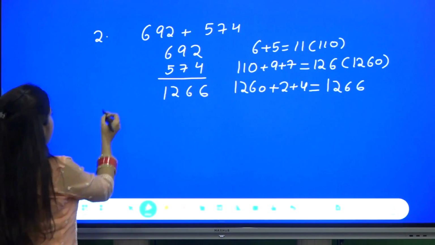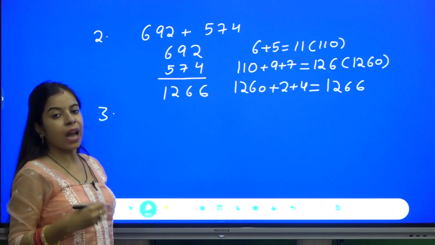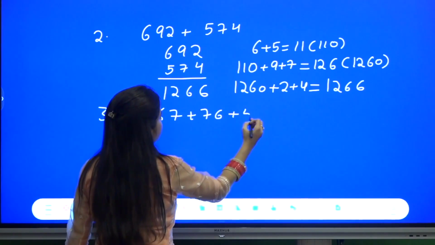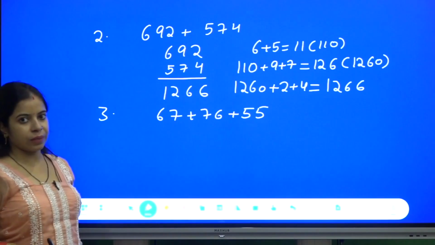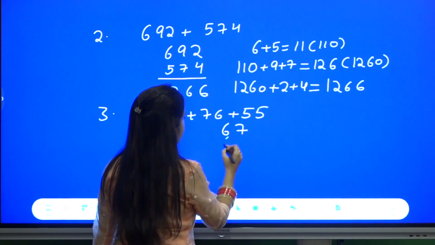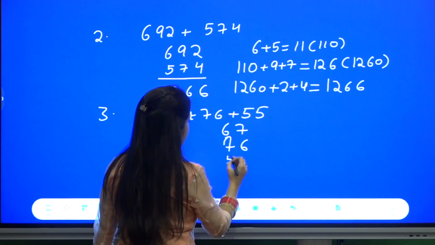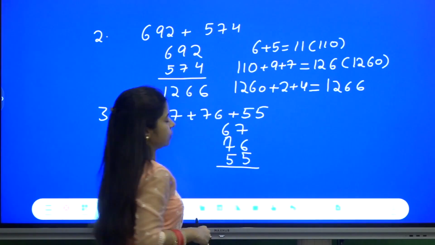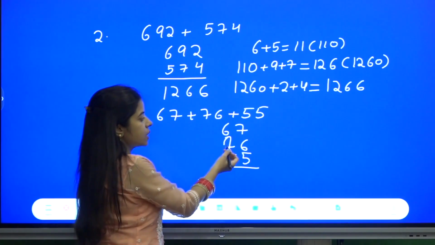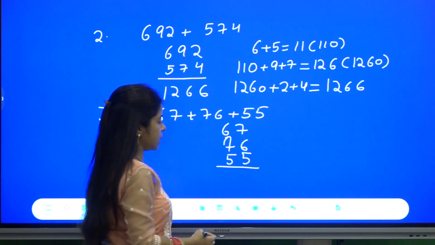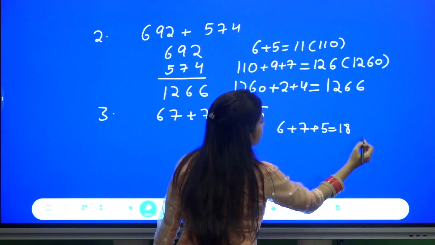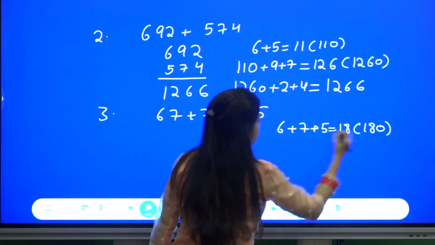Let us take another example where we are adding three numbers, say 67 plus 76 plus 55. Again we are going to write the numbers in the row form: 67, 76 and 55. We are going to start our working from the left side. 6 plus 7 is 13 and 13 plus 5 is 18. So, this will become 180.